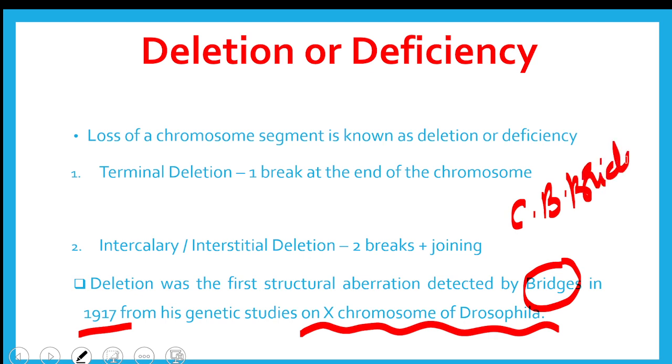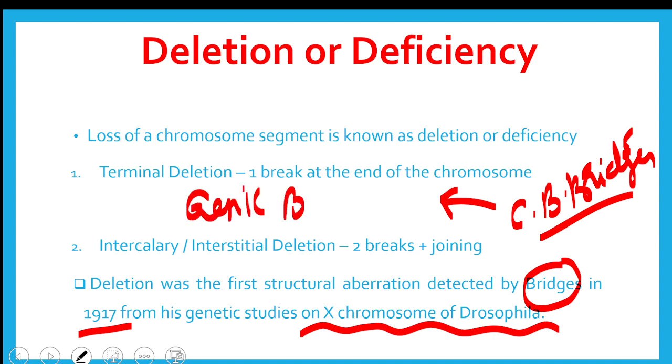In the previous class we have already discussed it. C.B. Bridges is related to what? Very good, excellent. Genic balance theory, not genetic imbalance. That is a different phenomenon. You have come closer.